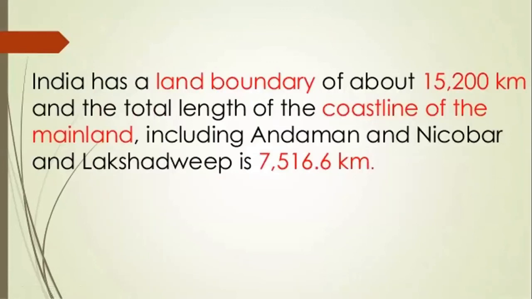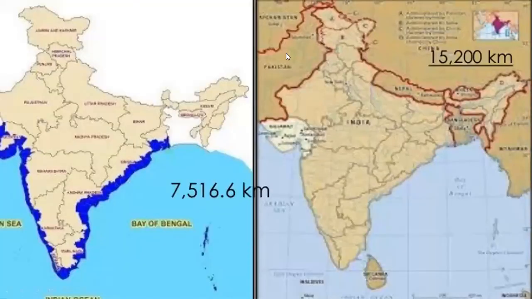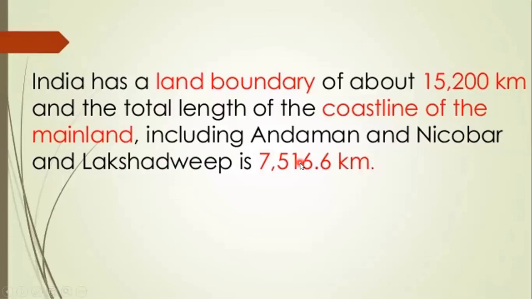India has a land boundary. If you look at the map of India correctly, you will realize we have two kinds of boundaries. Right over here, we have a land boundary, and at the bottom over here, we have the coastline, that is the boundary with the water. The land boundary is around 15,200 kilometers.